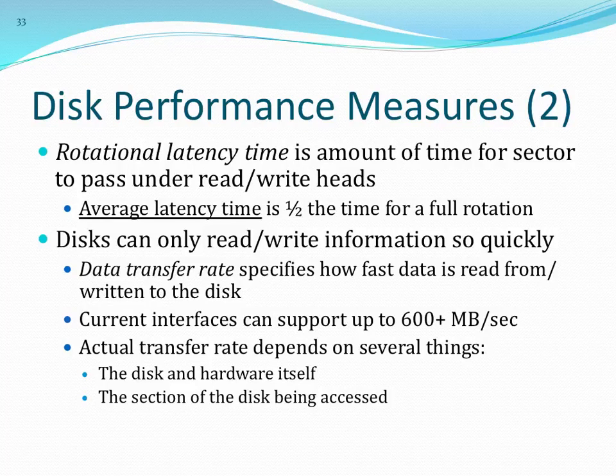Okay, and then of course you also have the fact that disks can only provide data so rapidly onto the data bus of the system. And so that's the data transfer rate. Interfaces will go up to 600 megabytes per second. It's gigabits, but it's not gigabytes. So it's 600 or more megabytes per second. But the disk itself can limit that.